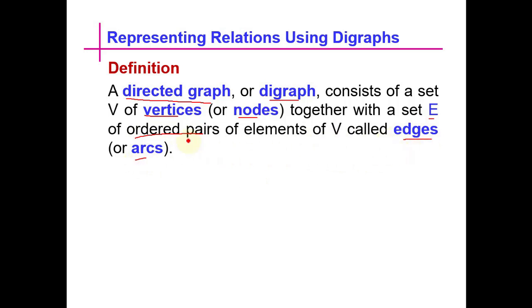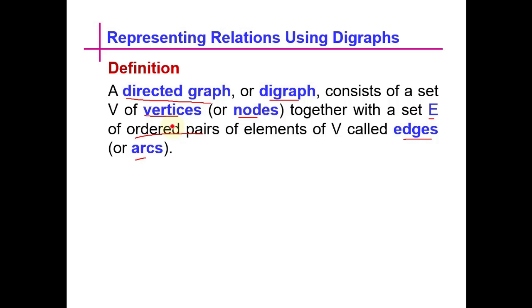So basically a digraph consists of two sets in which there are some nodes and there are some arcs and edges attaching those nodes, which provide a link from one node to another node.